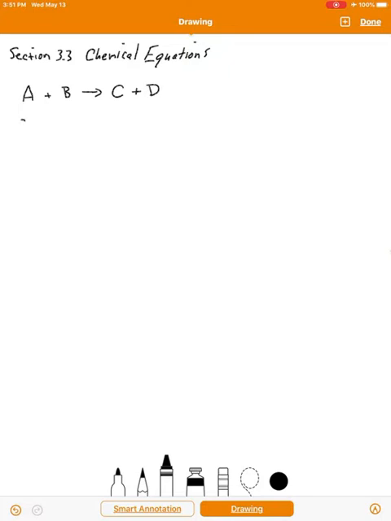An example of that would be CH4, that's called methane, reacting with oxygen, again diatomic, to form carbon dioxide and water. That's the form of this particular equation.